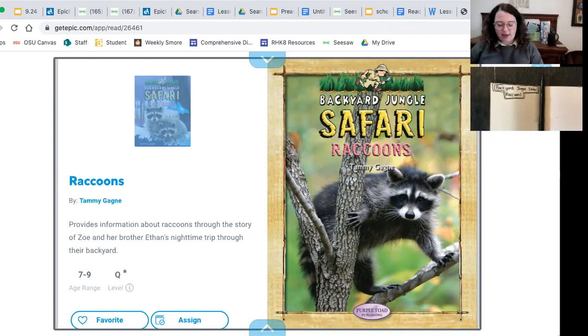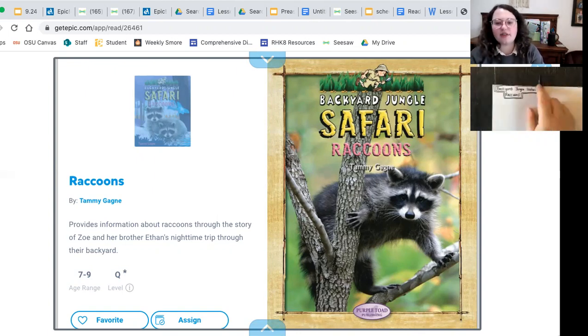The question that I like to ask myself is, what is the topic of this book? Remember that a topic is like the main idea, the big thing that the book is about. So your topic is just going to be a couple words. So in a word or two, just looking at this cover and this description, what do you think this book is about?